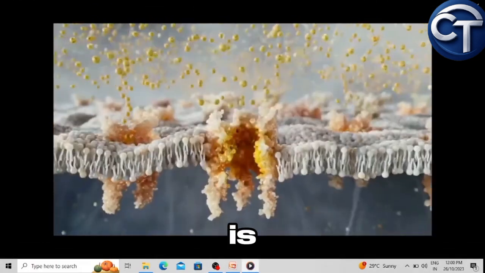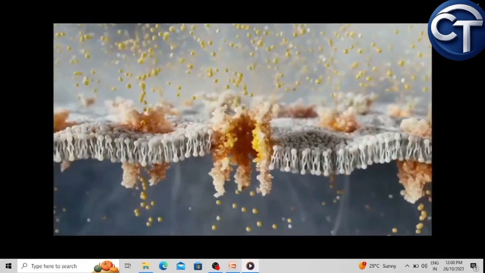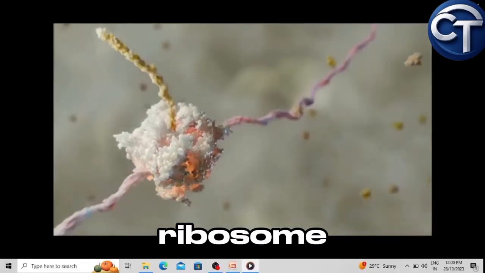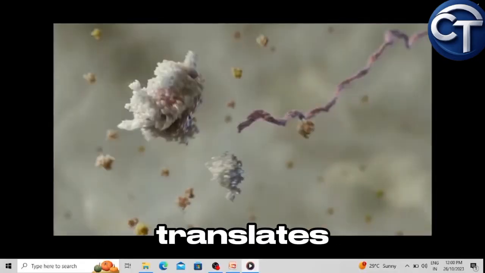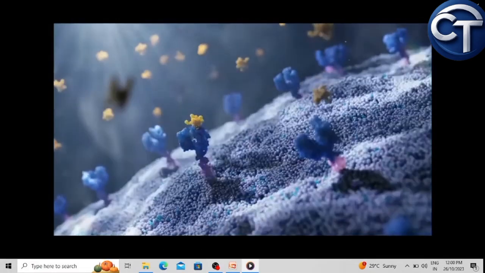So this is a transporter protein, which is transporting ions across the plasma membrane. And this is a ribosome. Ribosome is a protein complex which binds with the mRNA and translates to synthesize the protein molecules or peptide chain.